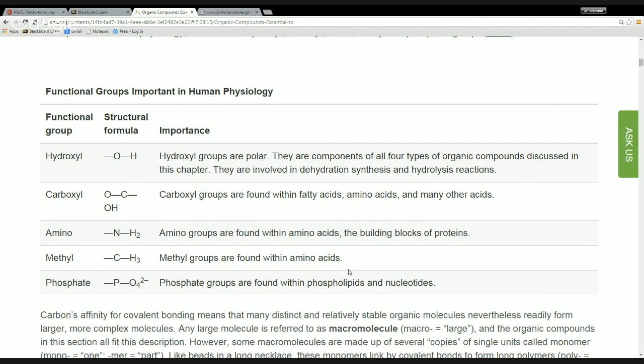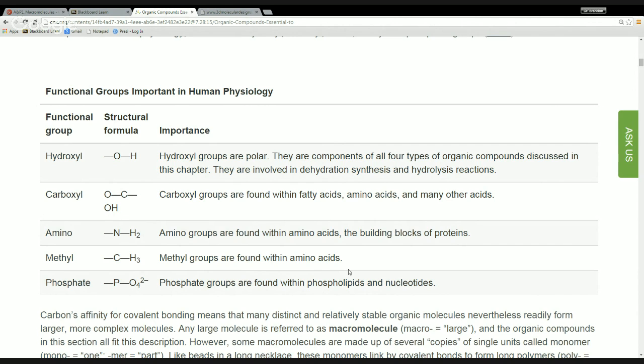The next one, which is a carboxyl group, is a little bit more than just an OH. It's a carbon double bonded to an oxygen with an OH on it also, this whole thing. Which is not exactly typographically represented in what's in the table, but that's because they're not really trying to show the double bond and all that stuff. But that's what makes up a carboxyl group.